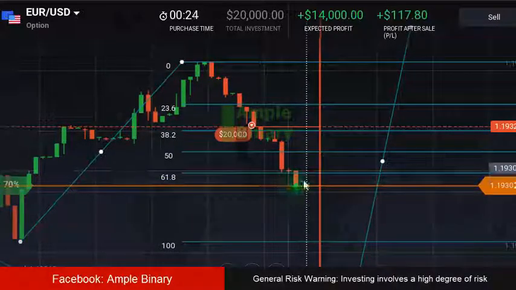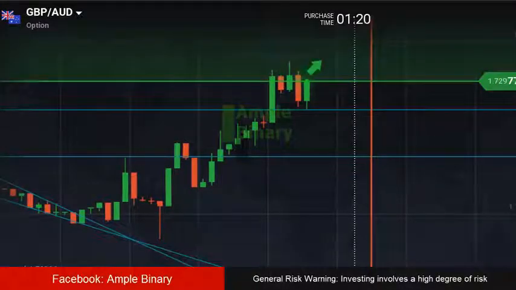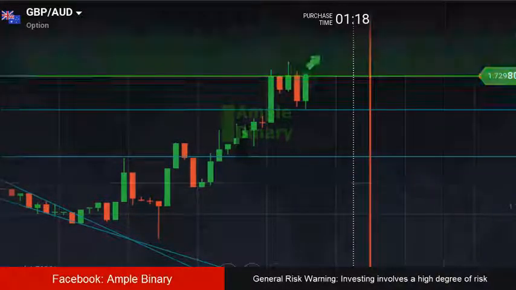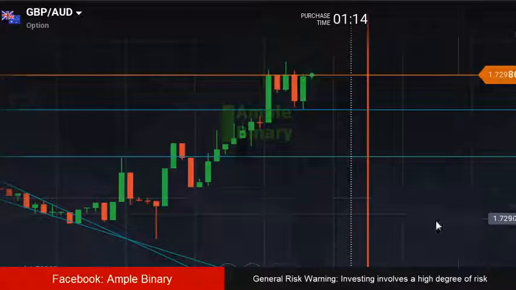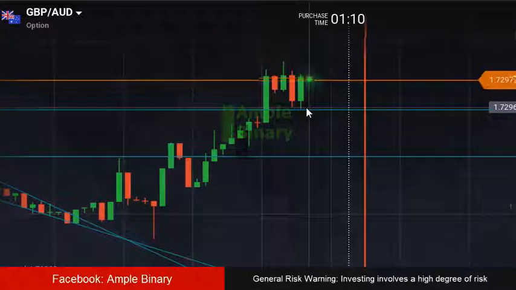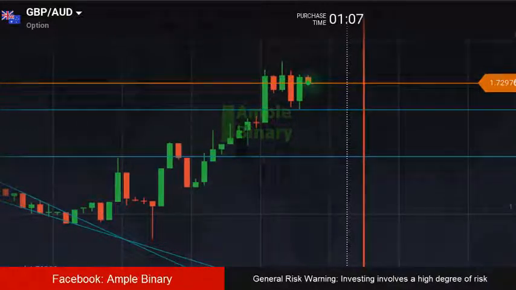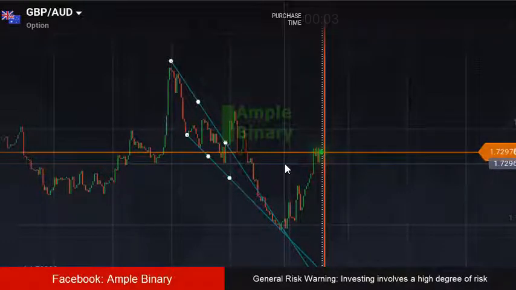Yeah, it's broken. So this means that while using Fibonacci, it hit 61.8, which means that it's gonna go down. Okay, we just looking for a retest on this level. It's now coming. Nice.